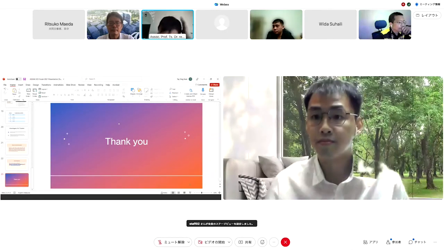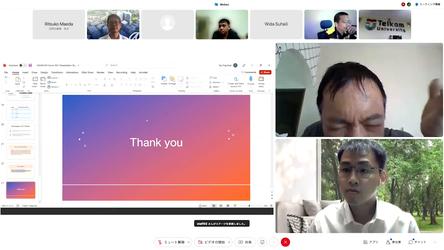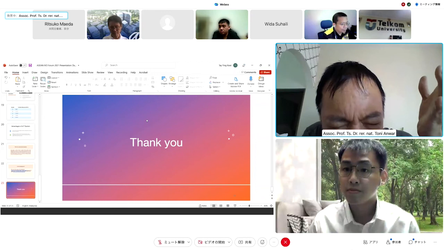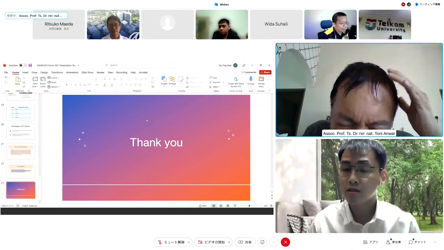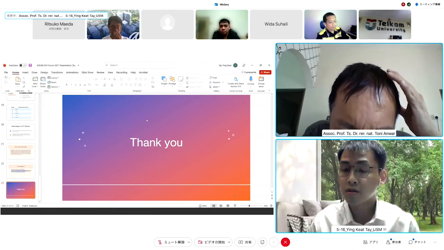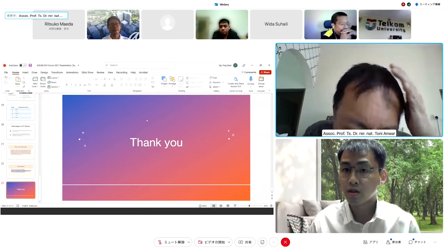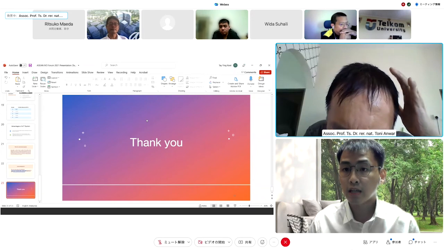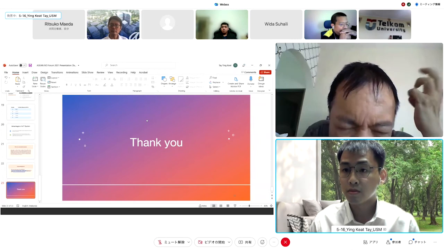I am a bit confused about what you are doing, because you connect the sensors, like the turbidity sensor and some other sensor, to an Arduino Uno, and from the Arduino Uno you connect to ThingSpeak or something like that. Right, that's a cloud server. Yes, correct. What is the specialty of this project?